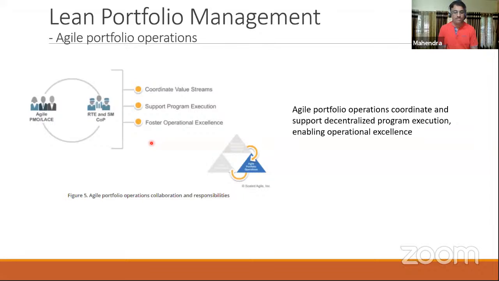They support the program function, and there are always operational overheads. The agile PMO focuses on lean operational excellence, and that is what LACE, the Lean Agile Center of Excellence, stands for. So this dimension talks about having these operational capabilities to support the lean and agile aspects.